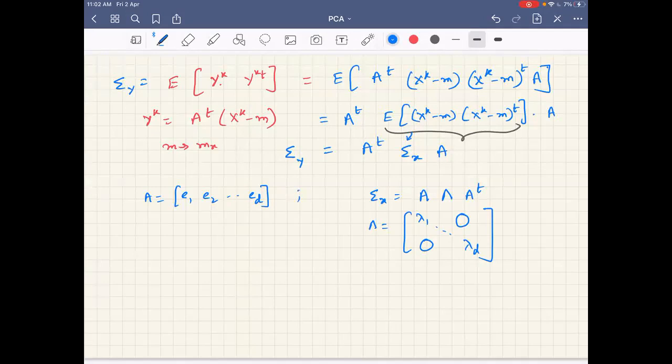This is a diagonalization procedure, a way of expressing the matrix in terms of eigenvalues and eigenvectors.